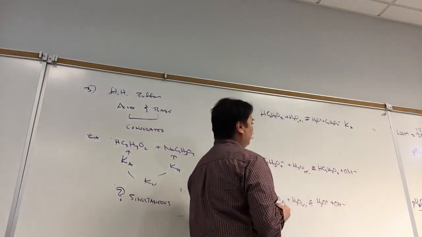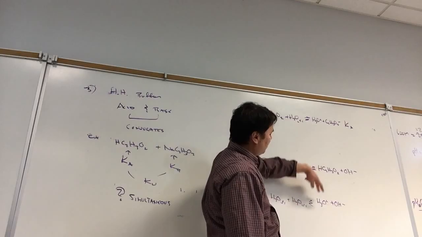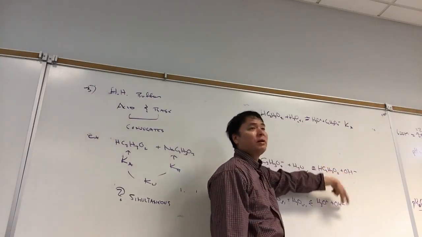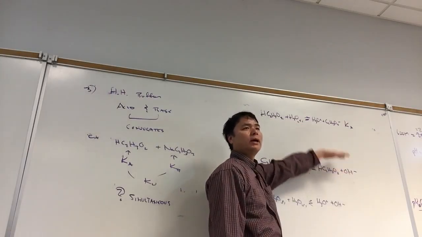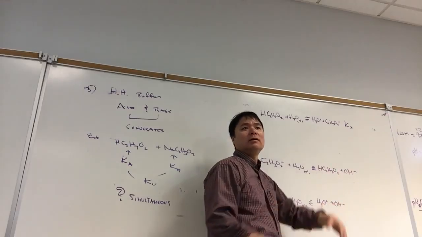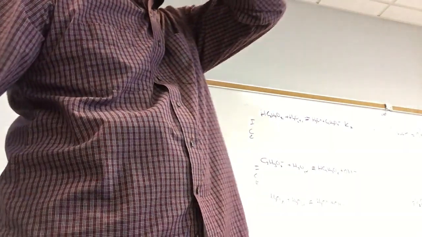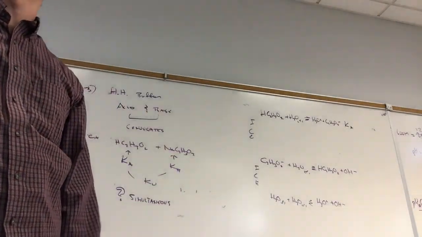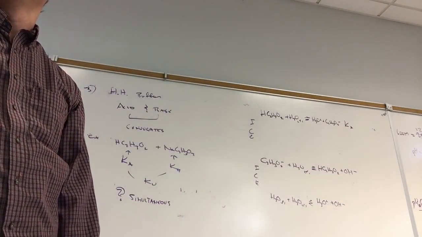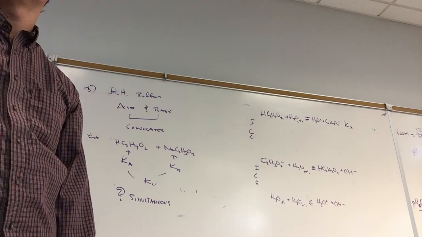I had to solve this simultaneously because the hydronium has to match here, and the hydroxide has to match with Kw. And so all three have to be solved to a hydronium and hydroxide that simultaneously satisfies all three equations.